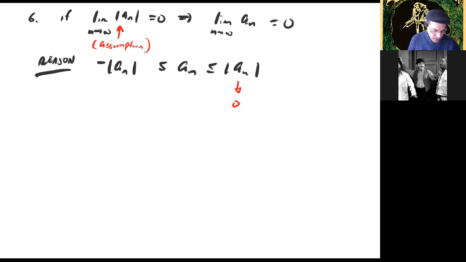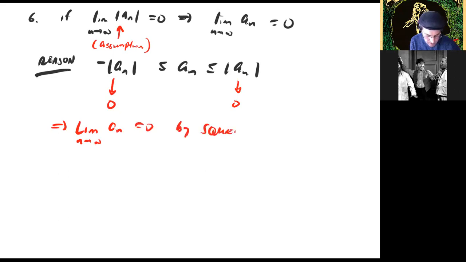Likewise, by one of the properties, putting a minus sign in front of a sequence which converges, you can bring the minus sign through, but the absolute value converges to 0, so minus the absolute value of the sequence converges to 0. So now we have the squeeze theorem. So that means that the limit as n goes to infinity of a sub n must be equal to 0 by the squeeze property.